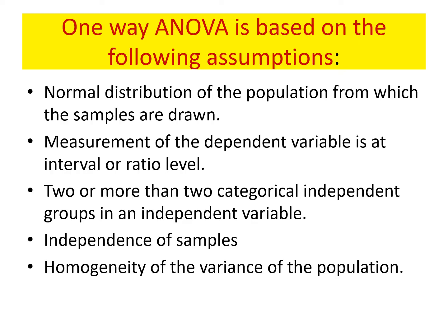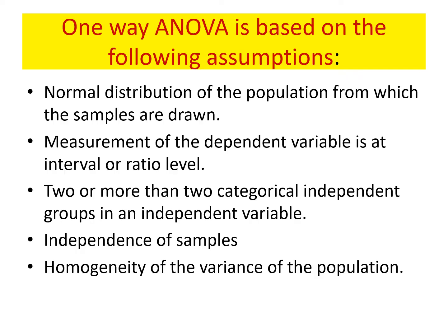So normal distribution of the population from which the sample is to be drawn. It cannot be skewed to the right or skewed to the left. And then the measurement of the dependent variable uses the ratio or the interval level.